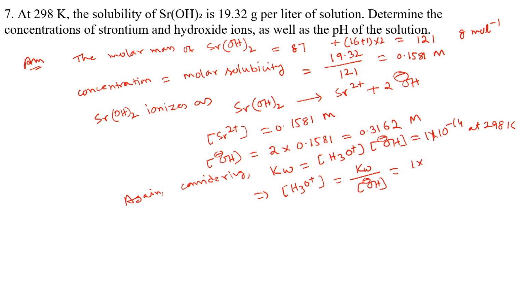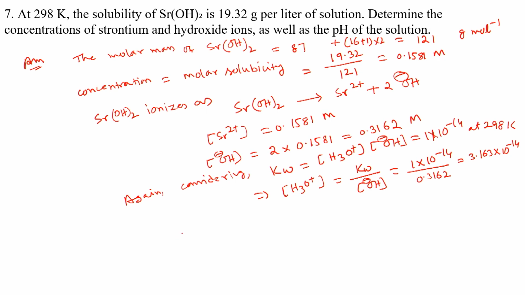So Kw is 1 times 10 to the minus 14 and concentration of OH minus we just calculated as 0.3162. So we get concentration of H3O plus, okay, the value is 3.163 times 10 to the minus 14.